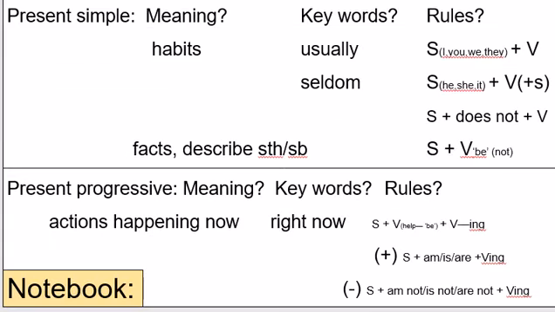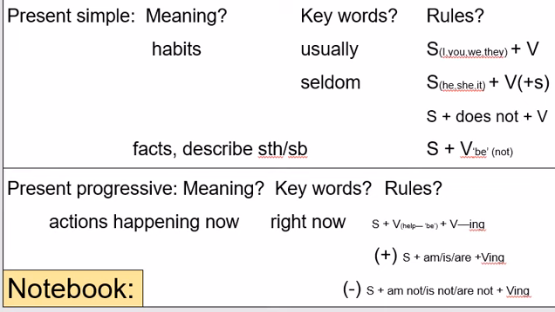Okay, so present simple, I have habits, facts. Keywords are frequency adverbs like usually, seldom, okay? And the rules, if it's a singular subject, we put S after the verb, like he goes to the store. She goes shopping. But with I, you, we, they, we don't do that.